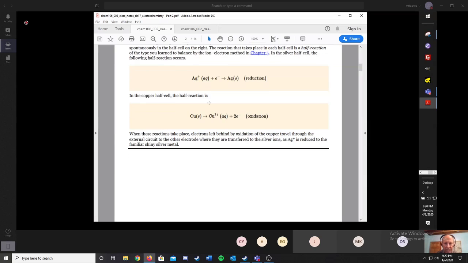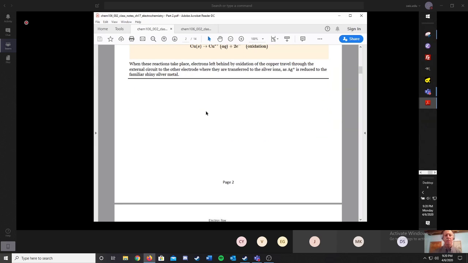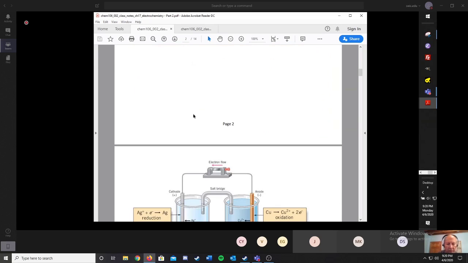So a battery takes advantage of this situation. We can have half cells, keep the two solutions separate and connect them with a wire and a switch. So then the electrons have to travel through the wire, and then we can power a circuit through that.